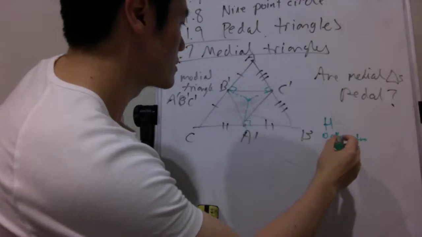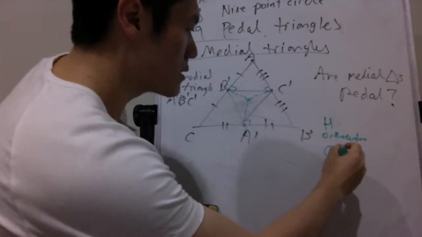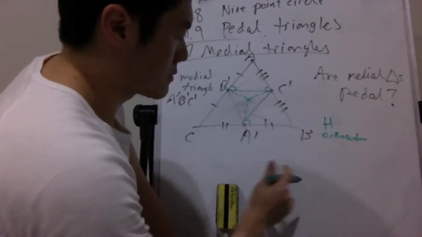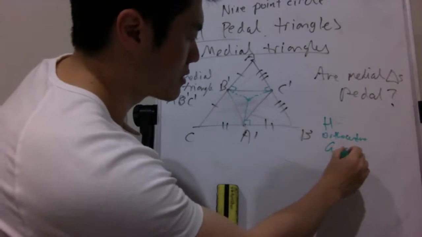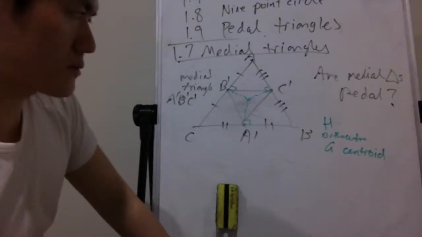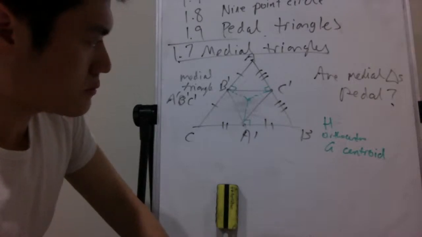Okay, and then maybe I'll say O, circumcenter, G for centroid. You remember what that was? Centroid is for the median.